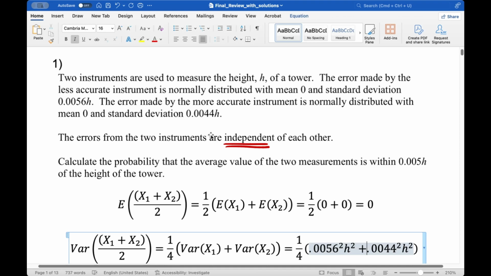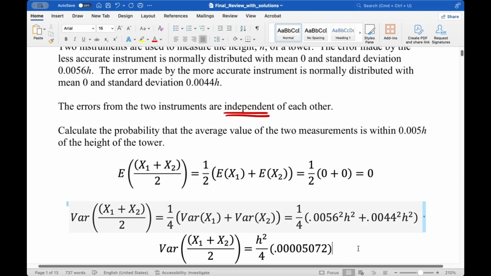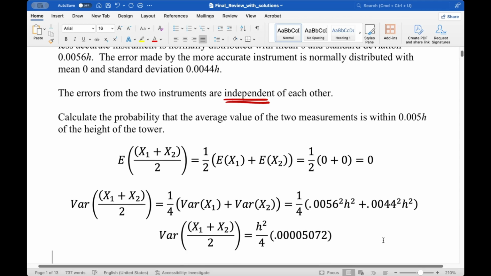We're given the standard deviation, so we have to square each of those values: 0.0056 squared h squared plus 0.0044 squared h squared, all times a quarter, is the variance of the average. Factoring out an h squared and adding up these squares, we get h squared over 4 times 0.00005072.